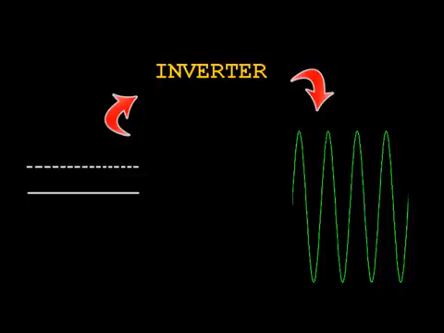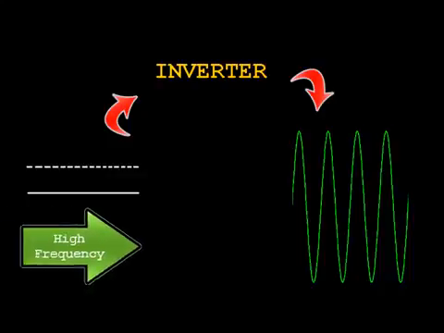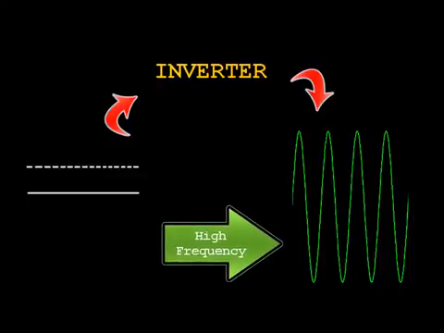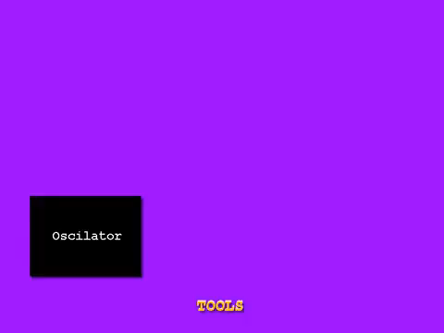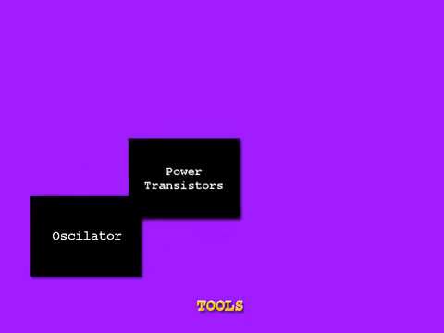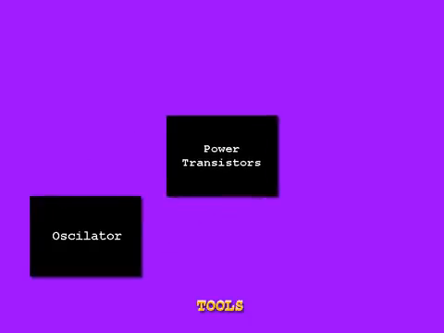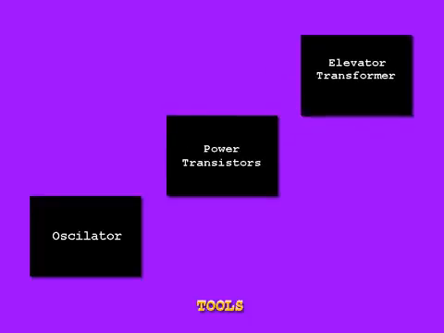At the same time, a high frequency alternate voltage is necessary to avoid interferences. And what are the necessary tools to get it? A high frequency oscillator circuit, transistors to make heavy or power work, and an elevator transformer in order to get the voltage up.